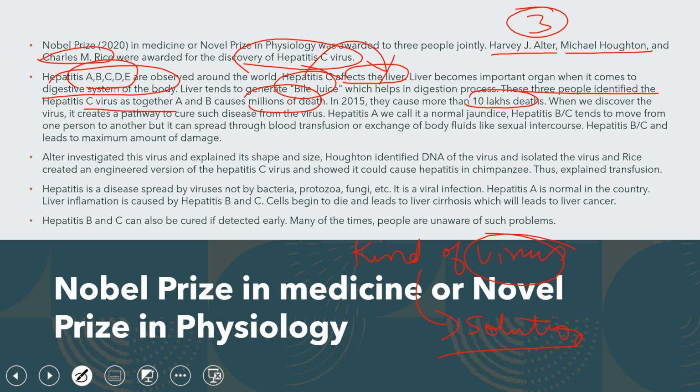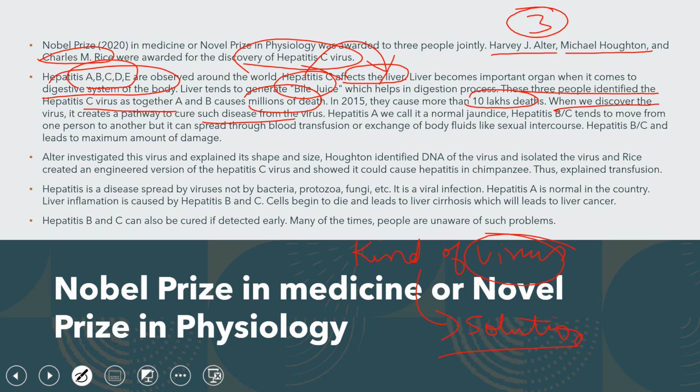First of all, we have to identify the virus. So they identified the virus. After the identification, we can move ahead in curing such disease. So the main part, the discovery of that virus, was done by them.